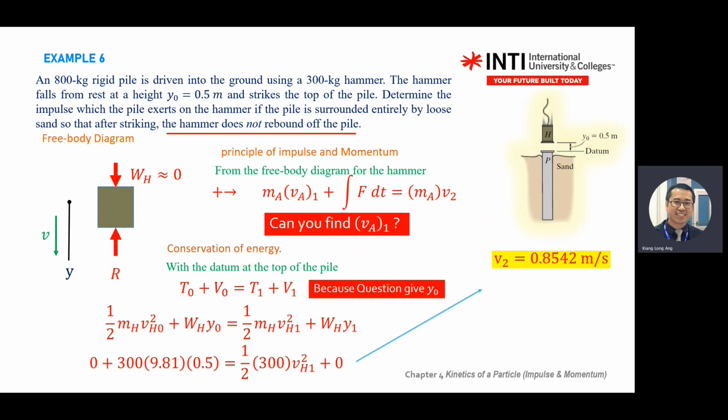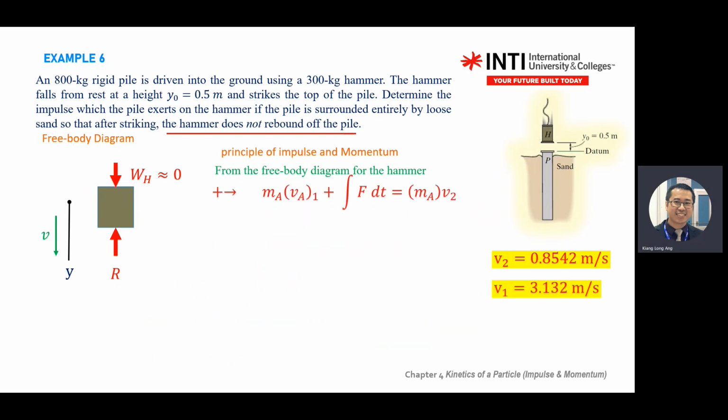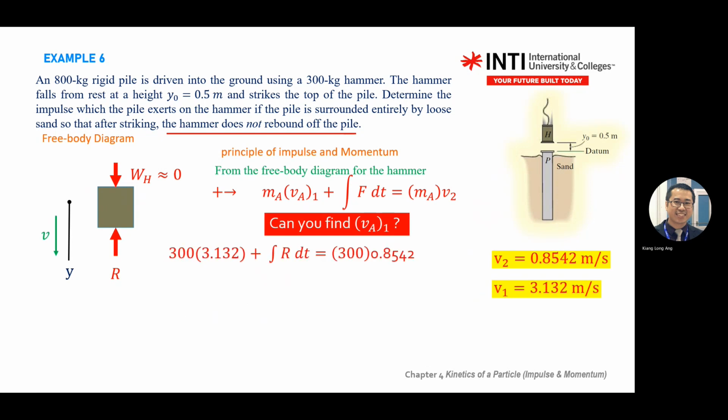So you substitute the values. T is kinetic, V is potential. Again, why is potential before the hitting positive? Because it's above the datum. Then after hitting, reaching the datum location, potential is 0. From this case, you find your V1. So you have V1, V2, substitute back to the impulse and momentum equation.